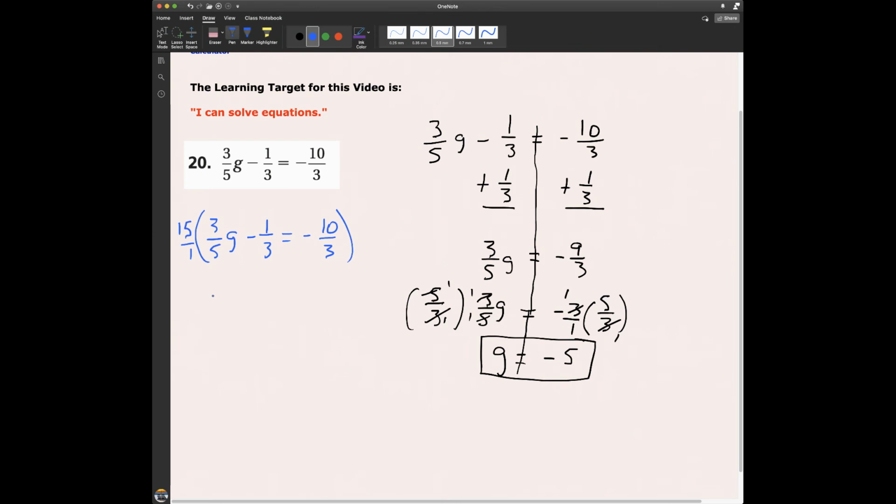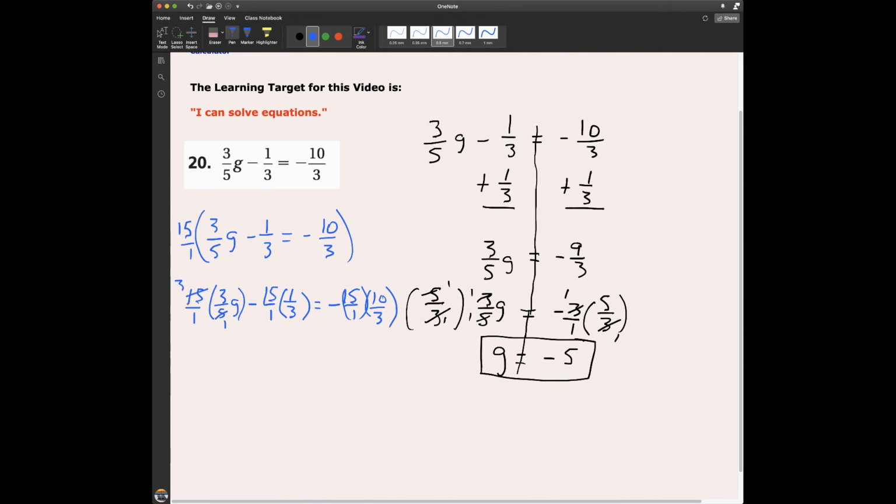Well, 15, so I have 15 over 1 times 3/5 g. And then I have, again, 15 over 1 times 1/3. And again, I have 15 over 1 times 10 over 3. And we can go ahead and solve each one of these.